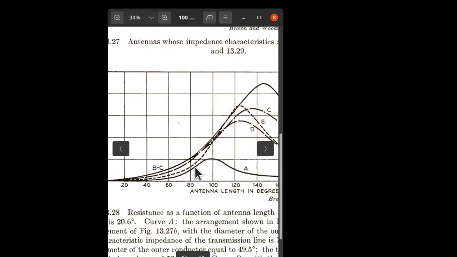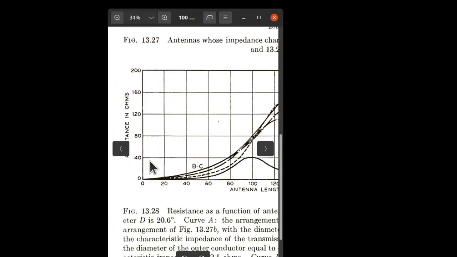Down here in the A condition, we're seeing roughly 40 ohms of resistance, and actually 37 ohms when we're at the quarter wavelength, 90 degrees. Now 90 degrees out of 360, 1/4 of 10 meters, 2.5 meters tall. Not quite. It's not going to be 2.5 meters tall.